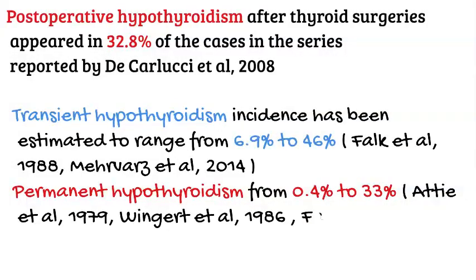Permanent hypoparathyroidism ranges from 0.4% to 33%, in studies by Edis et al. 1979, Minger et al. 1986, and Fogg et al. 1988.